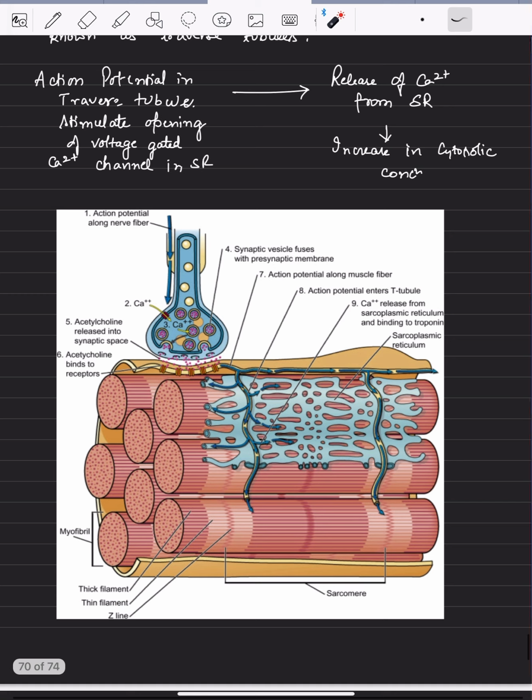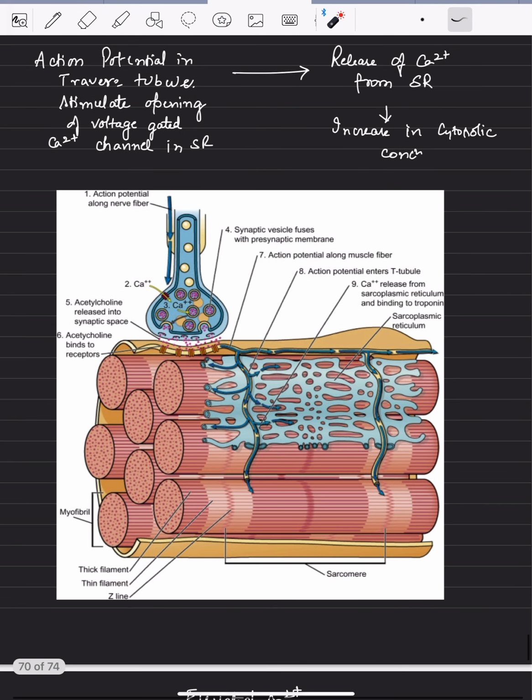Then, once the concentration is increased, from where will this calcium be released? From the sarcoplasmic reticulum, which is a specific type of endoplasmic reticulum of the muscle cell.